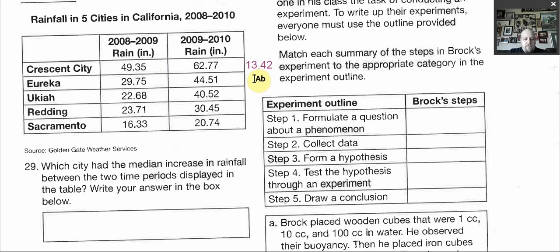The next one, you're going to do 44.51 minus 29.75 is 14.76.